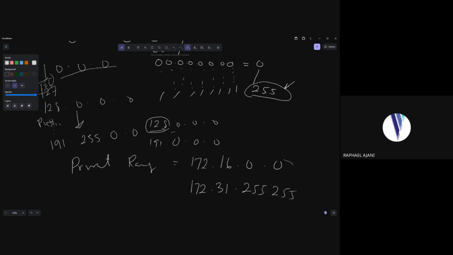This is a range that is classified as private and is still under class C. Private because if you want to assign it inside your organization, these are the ranges of IP addresses that you have access to. Is it clear now?